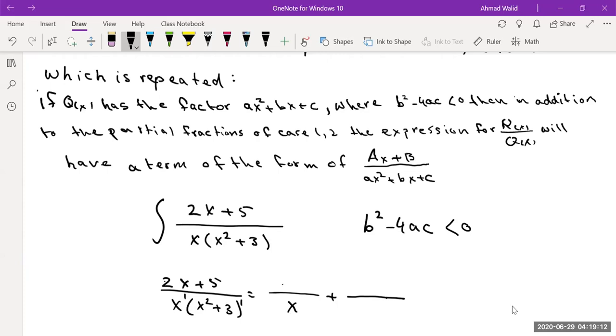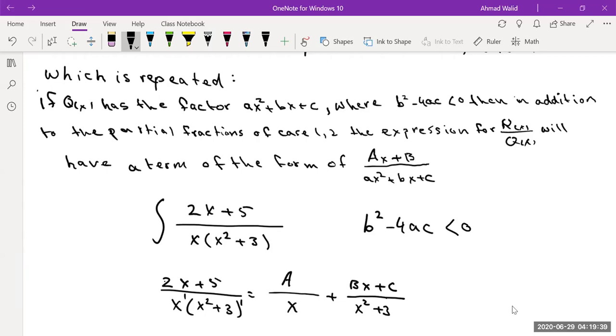When we have a linear factor, we put here A. When you have a quadratic factor, which you put in the second denominator, x squared plus 3, the top will be Ax plus B. You used A already, so you can write the top as Bx plus C. Or let me tell you in easier language.